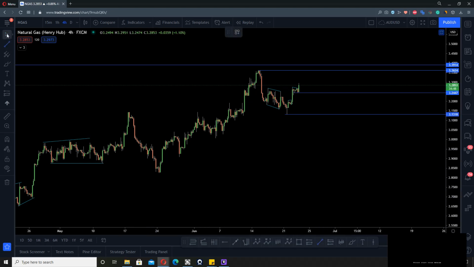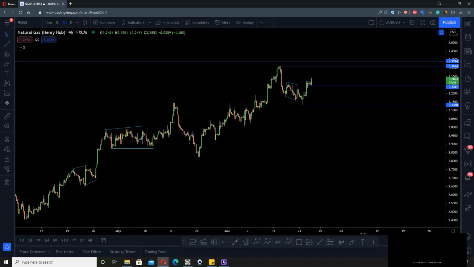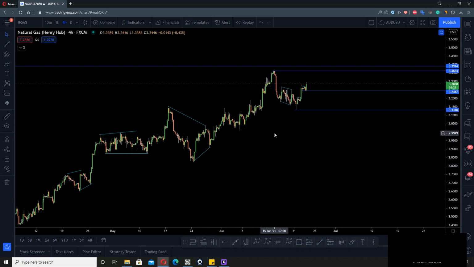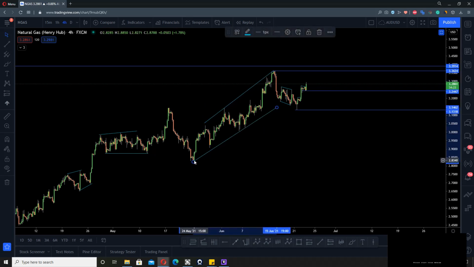We have this move down here, and at first I was looking at it as a contracting flat here, but as information develops and as we get more information, I realized that that is actually not the case.